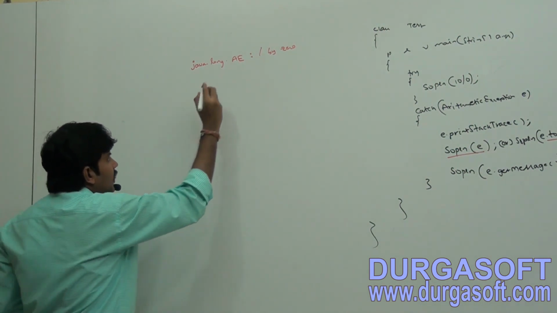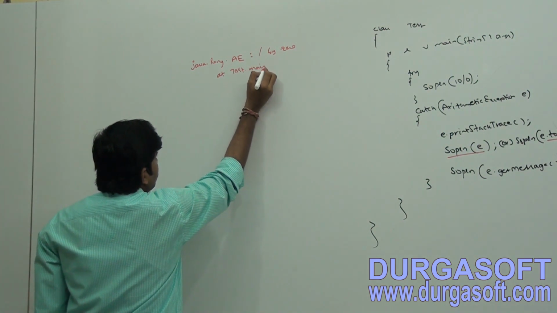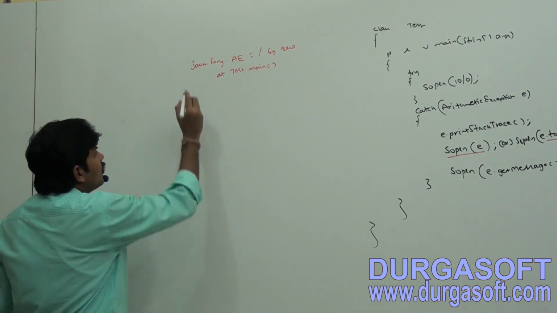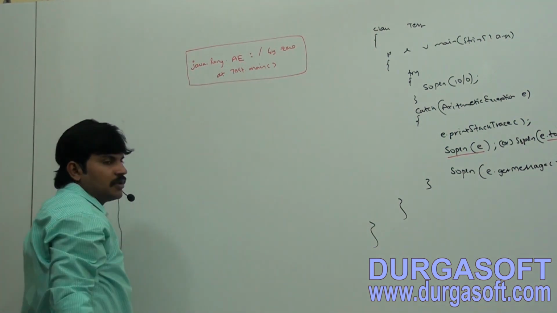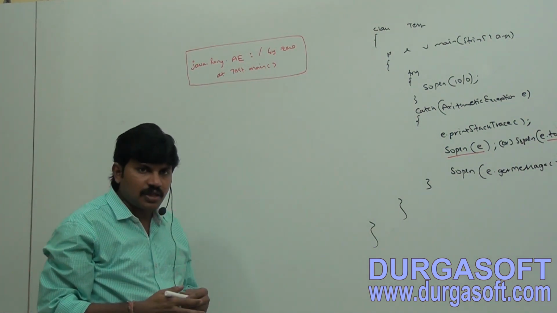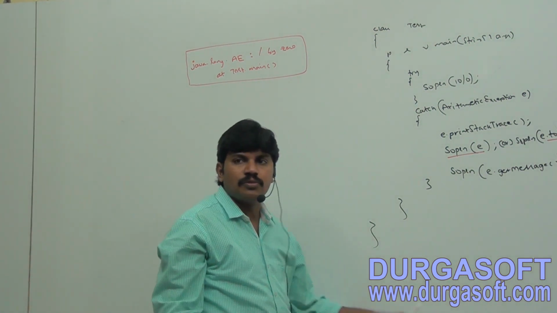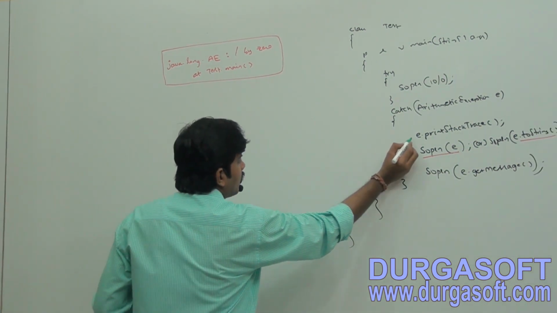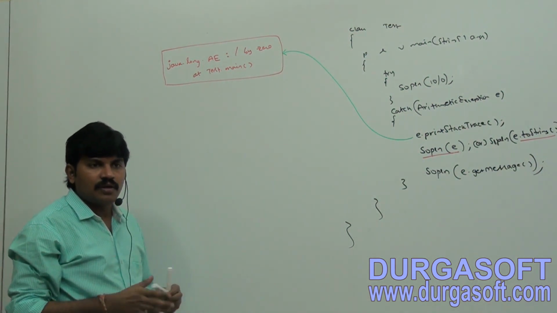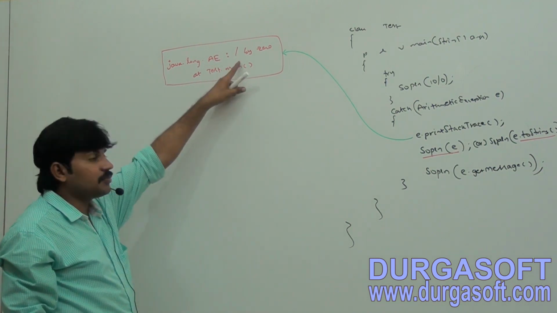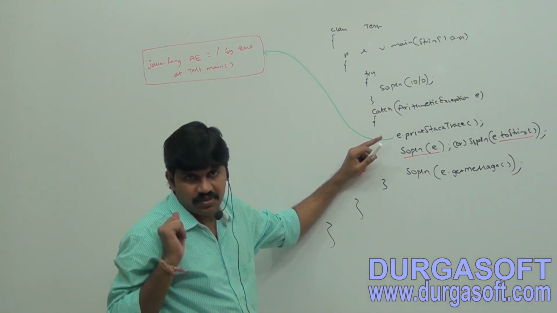Sir, where did the problem come from? At Test.main method. Sir, if you want complete information like this, name of the exception, description, and stack trace, then which method should we go for? The printStackTrace method.